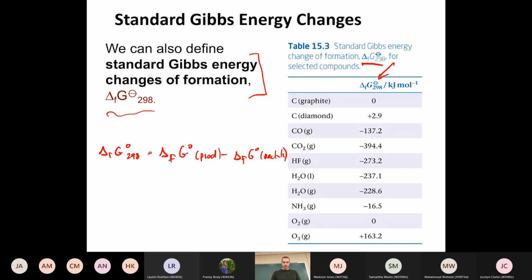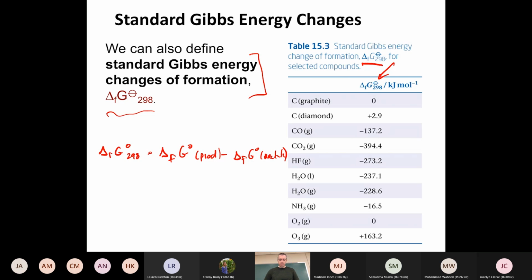So let's say you had a chemical reaction that was going on in your body, like an enzymatic reaction or something like that, and you wanted to know if it was spontaneous or not, what the delta G was. You can't use these numbers because these are not at body temperature. These are 298. You could, though, use the delta H and delta S values that you found in a table using the enthalpies of formation, standard molar entropies.